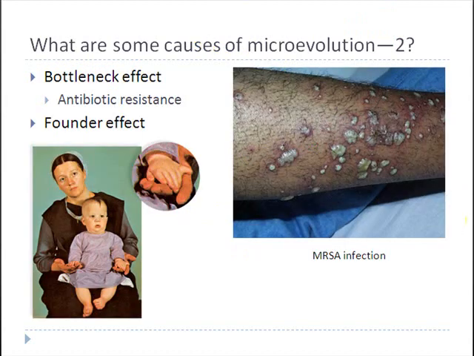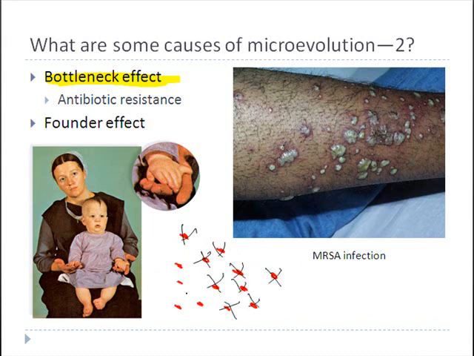All right. Another cause of microevolution is something called the bottleneck effect. Antibiotic resistance is another great example of this. If I have a population again of cells and I expose them to an antibiotic, and the antibiotic kills off all but one of these cells, that one cell that's left will then serve as the starting population for more bacteria that all have the same quality of antibiotic resistance.